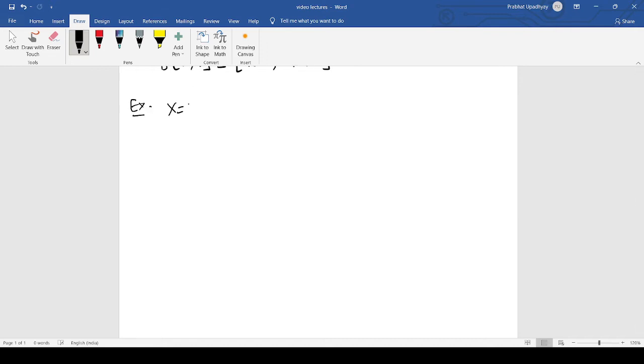Say now my X is R^2 and my metric d is the Euclidean metric, and say the point x which I am choosing is (0, 0), and let r be any positive real number. Now I want to find out how my closed ball will look.